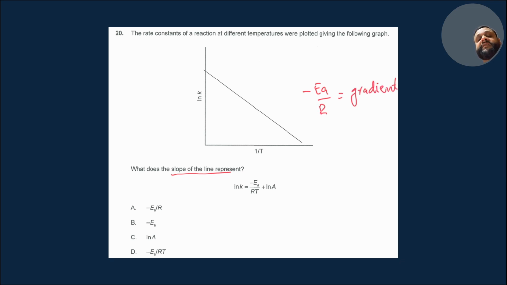So the slope is the gradient, which is delta y over delta x. So let's look at the options. So A, minus Ea over R. So straight away I will go with A. A is the correct answer. So minus Ea over R is equal to gradient, and the gradient is delta y over delta x. So hence A is the correct answer.